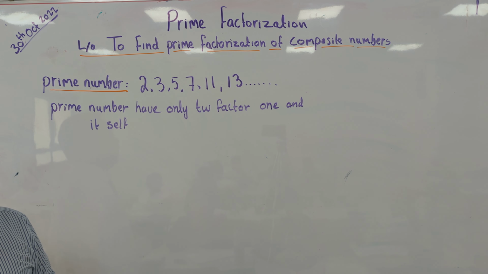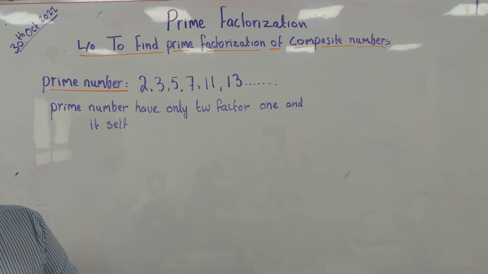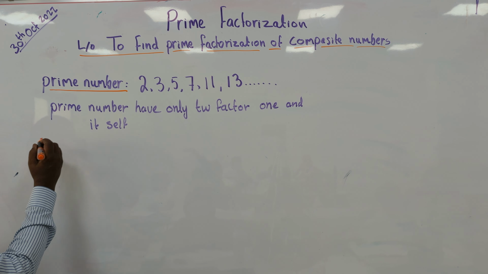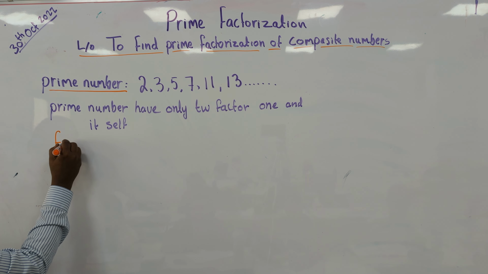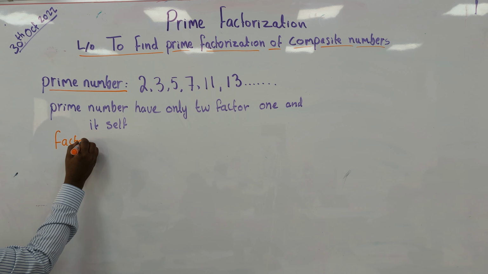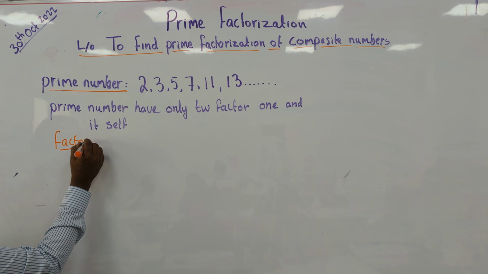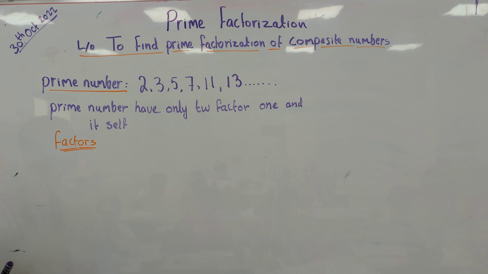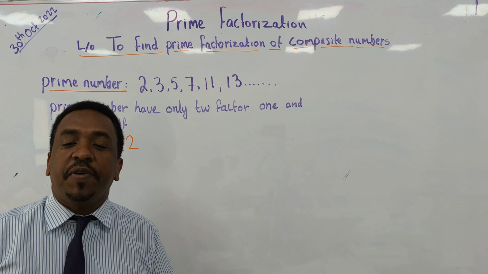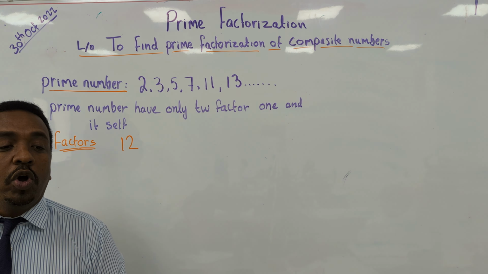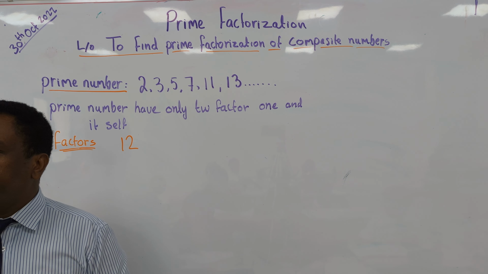Now, how do we factorize numbers? Factorizing numbers. Now if I give you 12 and ask you for the factors of 12, who can give me the factors of 12?